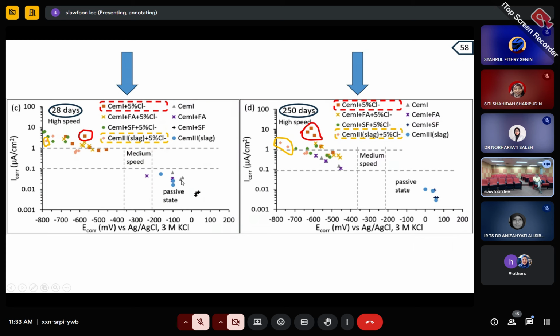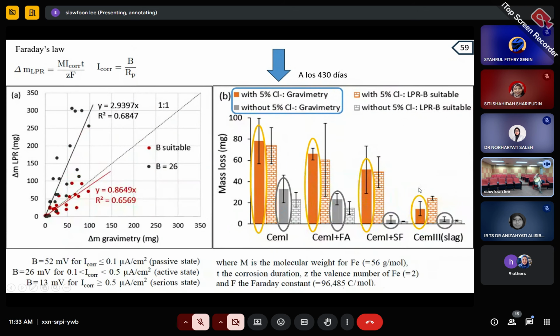At the beginning, the cement 1 was actually in the passive state, but after 250 days it already went out. This means the cement 3 slag has some property that actually helps to prevent corrosion, even though you add a very high concentration of chloride ion.